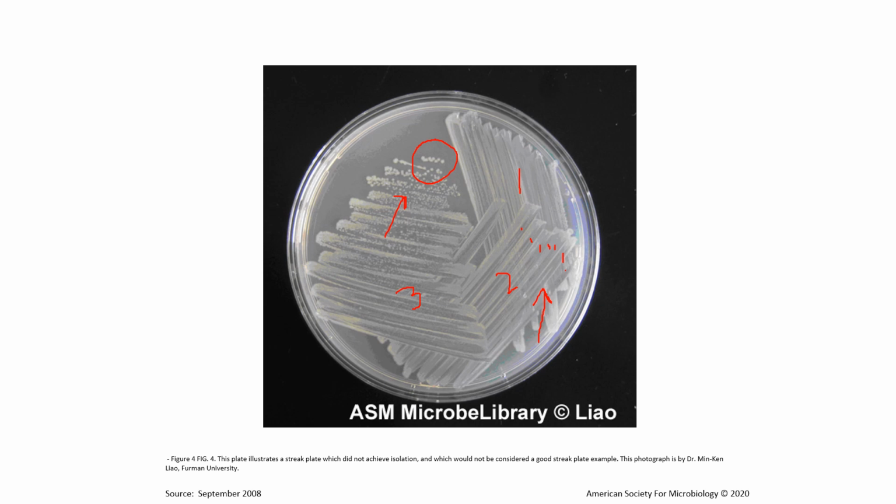And then what's even worse is they have crossed quadrants here, so they're not exactly diluting the bacteria very well. So they went back too many times, crossed quadrants, and that led to too much bacteria in the third streak.